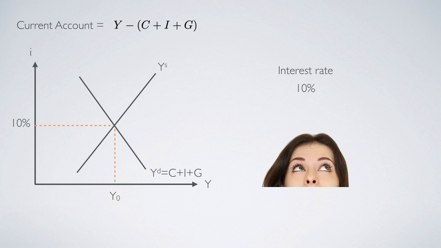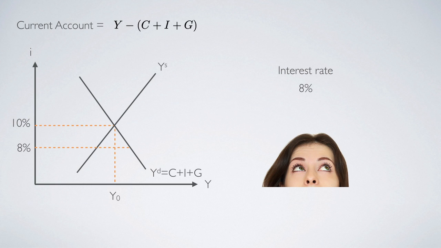If suddenly the economy opens so that the country can borrow from overseas, and suppose the international interest rate is 8%, then what would happen? When the interest rate goes down from 10% to 8%, because 8% is the international rate, interest rate is now something that the home country cannot affect.